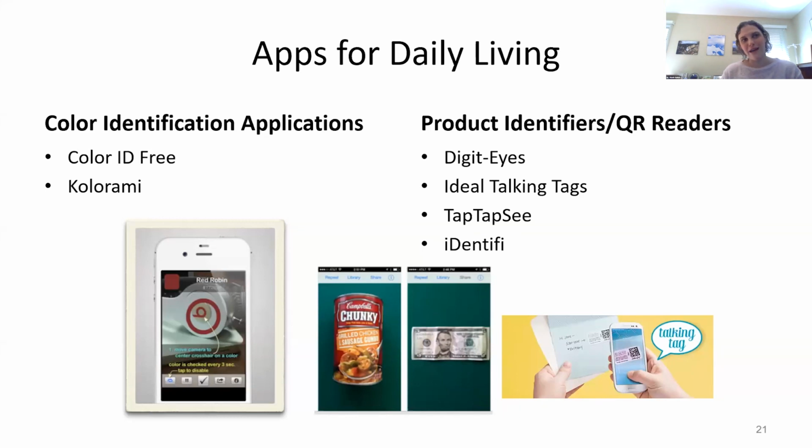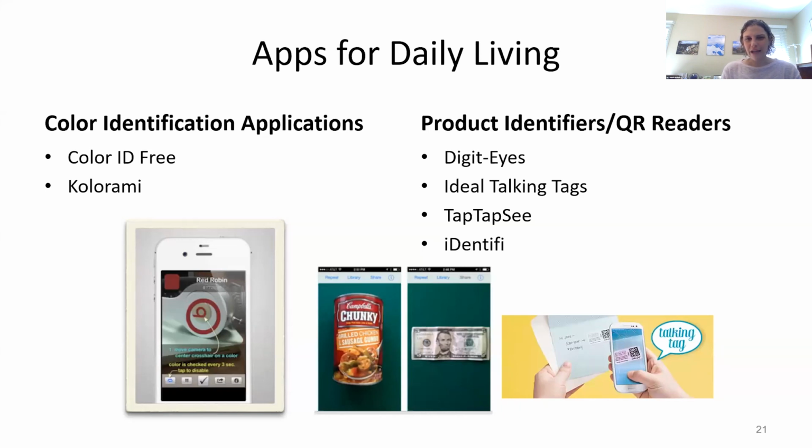That gives you just like red versus brown versus green. If you turn on the sophisticated colors or the more complicated colors, it actually will give you a paint chip tone. And in the image I have here, Red Robin, that's not so bad. That gives you a pretty good description. Whereas if you were to get a paint chip description, you may not even know what color it's referring to.